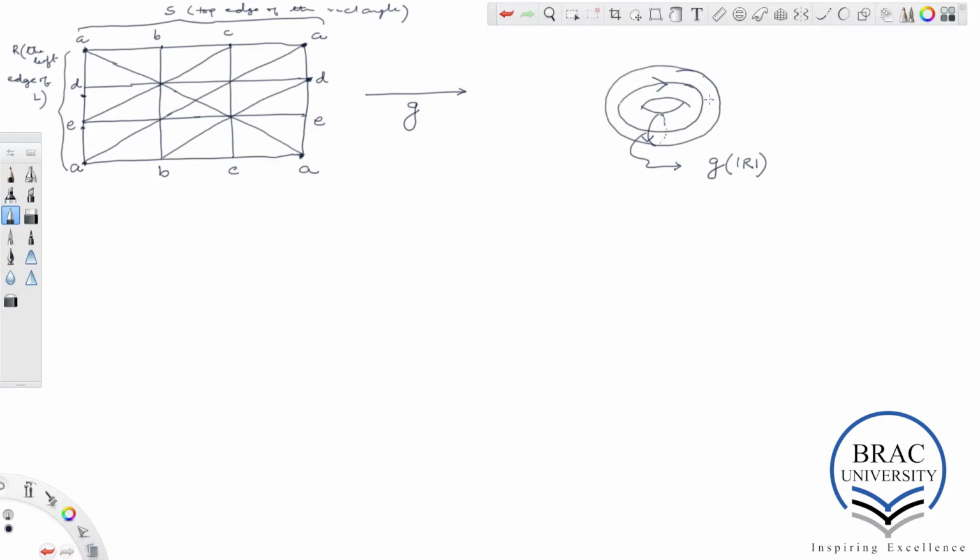And this one is G of the underlying space of the top edge of the rectangle, G of mod S.